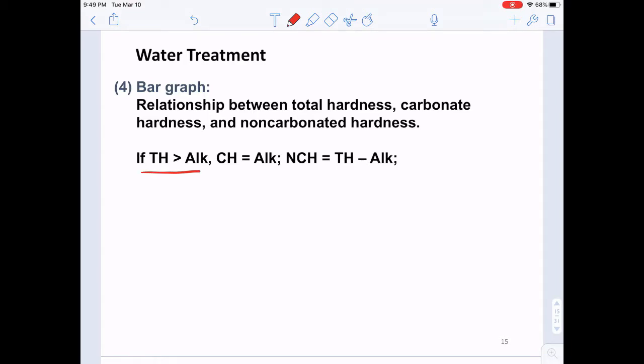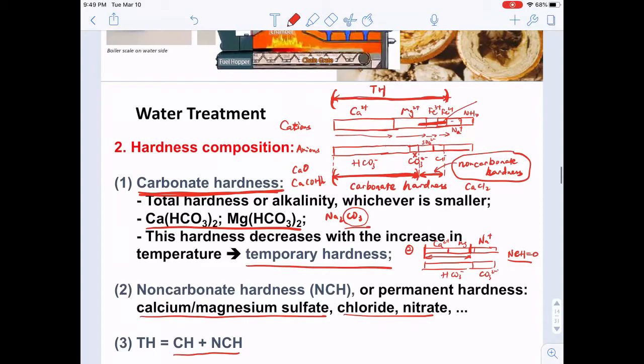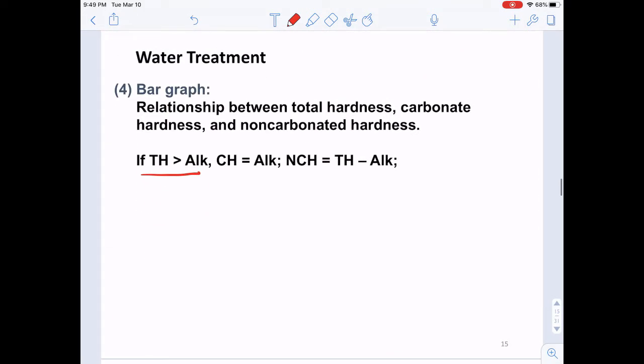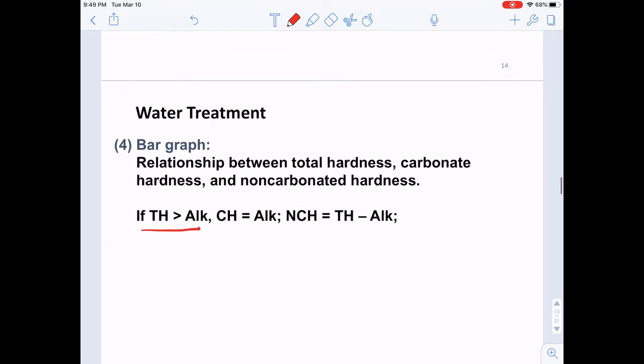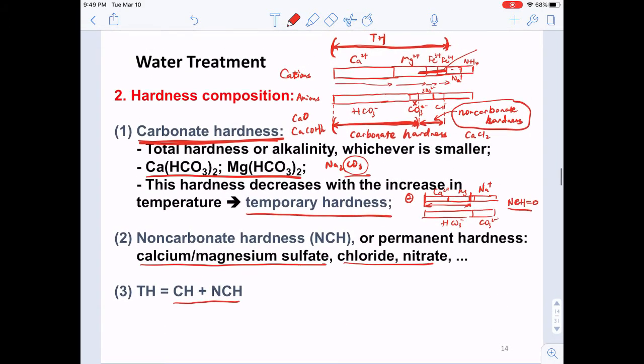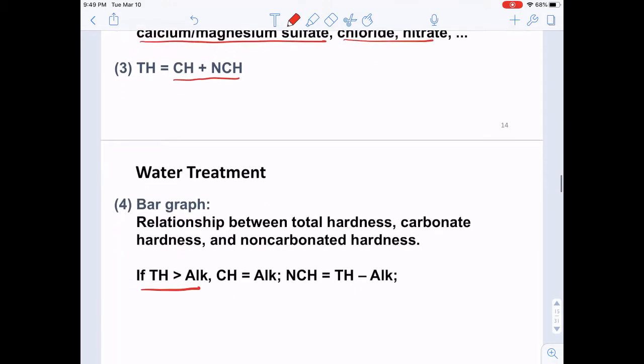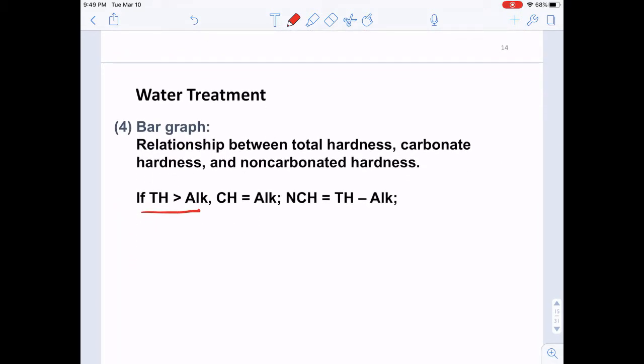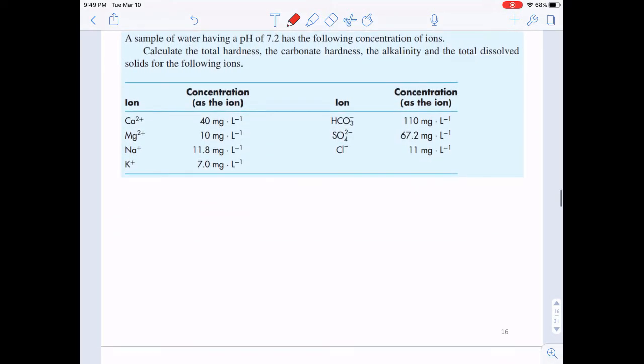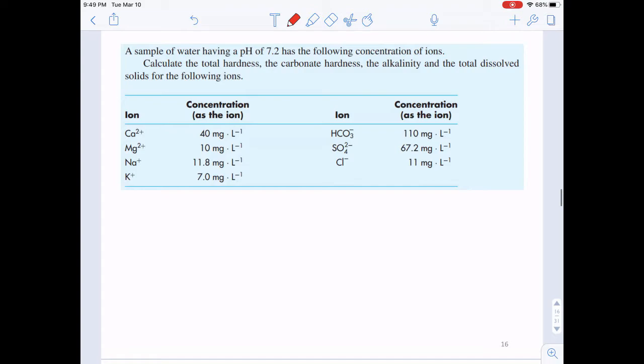So again, if the total hardness is larger than alkalinity, then the carbonate hardness is going to equal the alkalinity, whichever is lower. And the non-carbonate hardness is going to be equal to the total hardness minus the alkalinity.